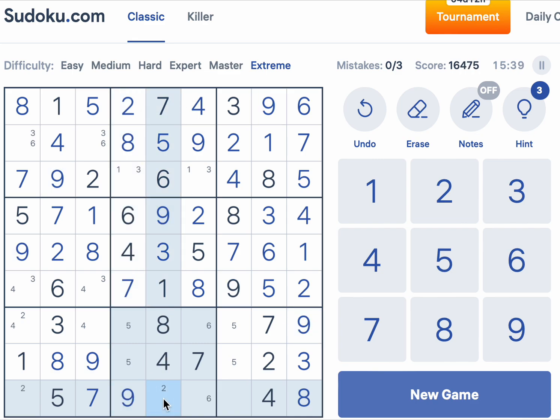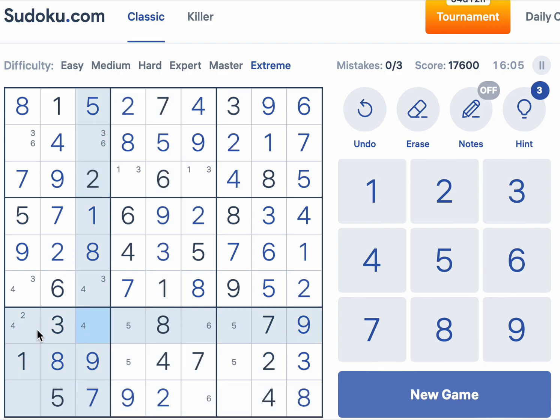And for this column, we are only missing 2. Oh, we're getting closer. So for this column, we're missing 3, 4, 6.